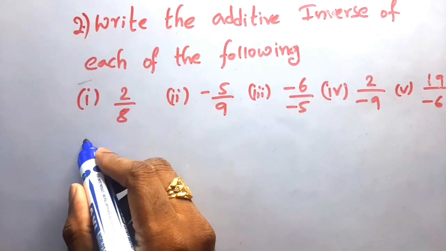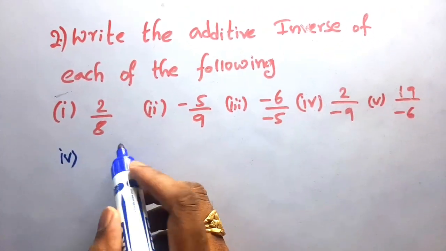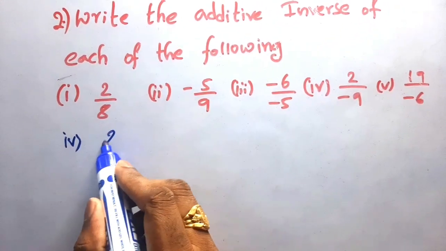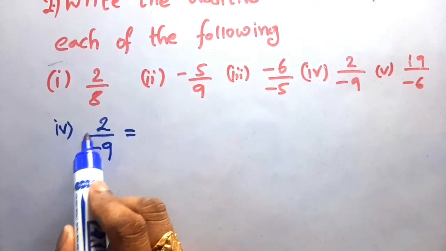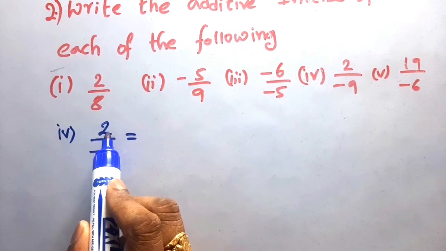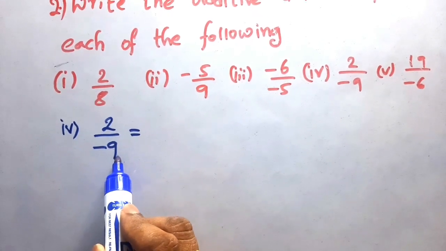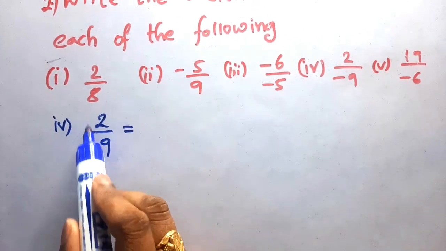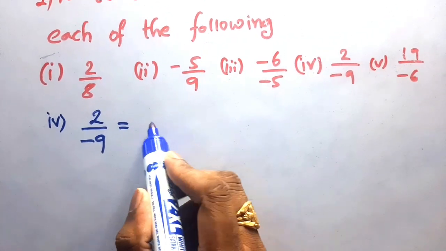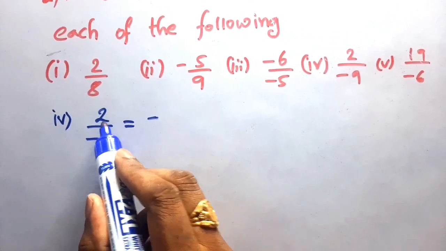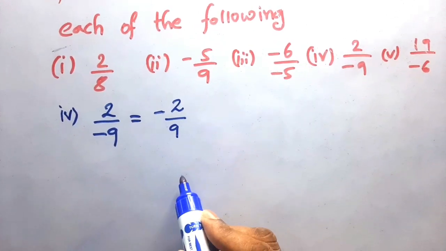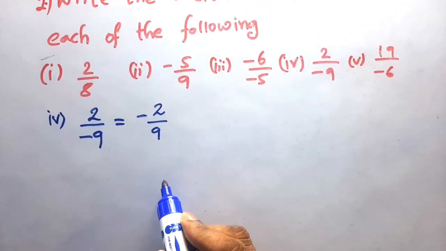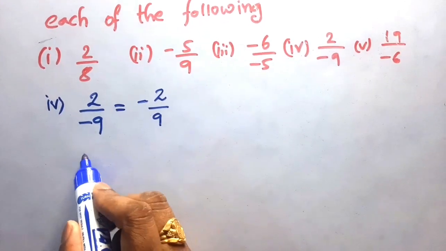See the fourth one, 2 by minus 9 given. Here see, numerator has plus sign, denominator has minus sign. Plus divided by minus gives minus. So this will be minus 2 by 9. Now we can find the additive inverse of minus 2 by 9.